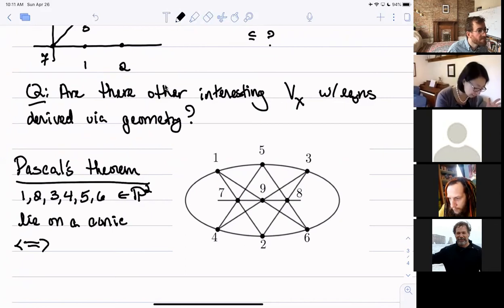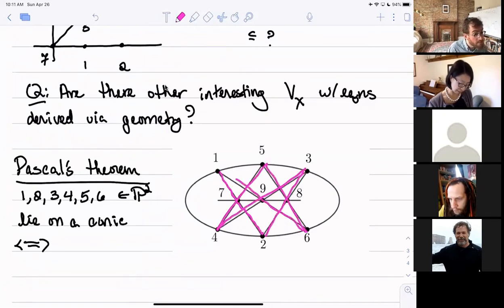And the lines that I've drawn are really just a hexagon. That's why they're numbered in that funny way, because you go 1, 2, 3, 4, 5, 6, back to 1. So you can see I closed it up. It's just a hexagon, okay? And if you draw that hexagon and look at the intersection points labeled 7, 8, and 9, then the 6 points are on a conic if and only if 7, 8, and 9 are collinear.